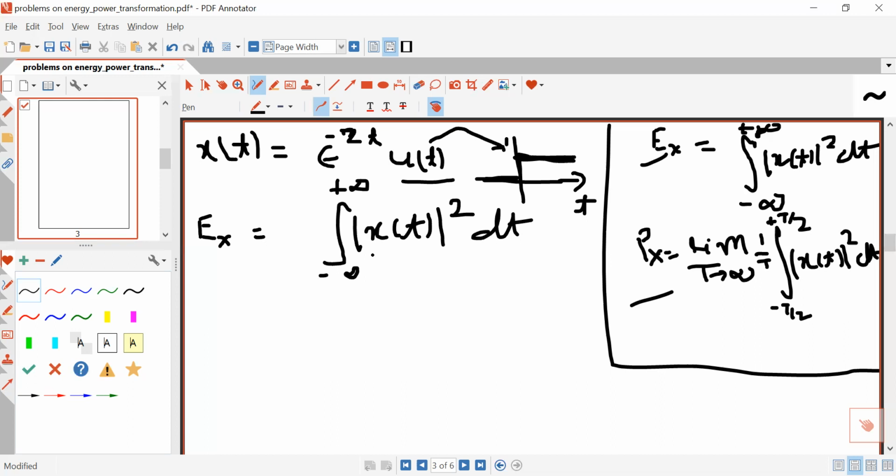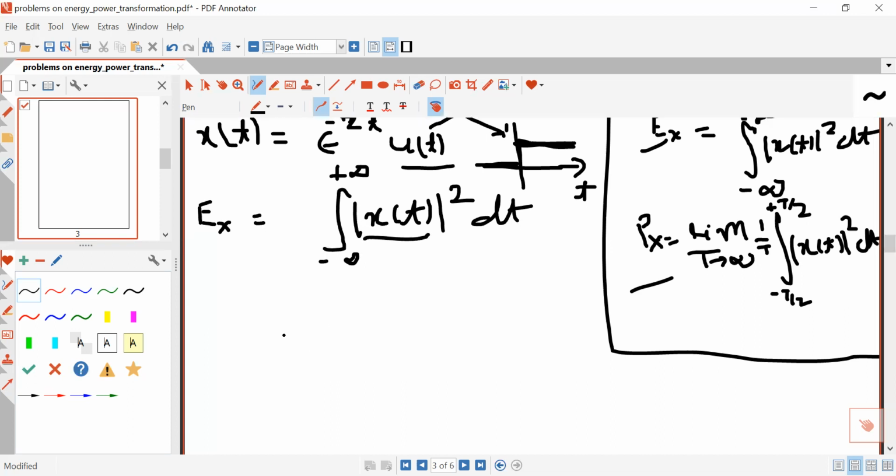Just substitute the value of x(t) here, and you will get the integral from minus infinity to plus infinity of mod of e to the power minus 2t times u(t), whole square dt.